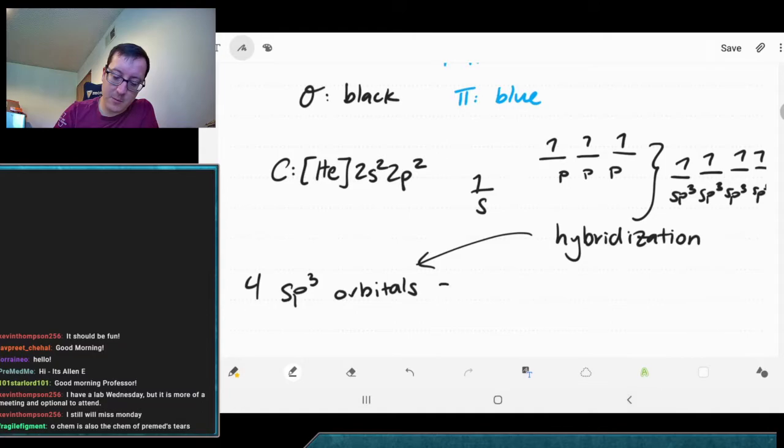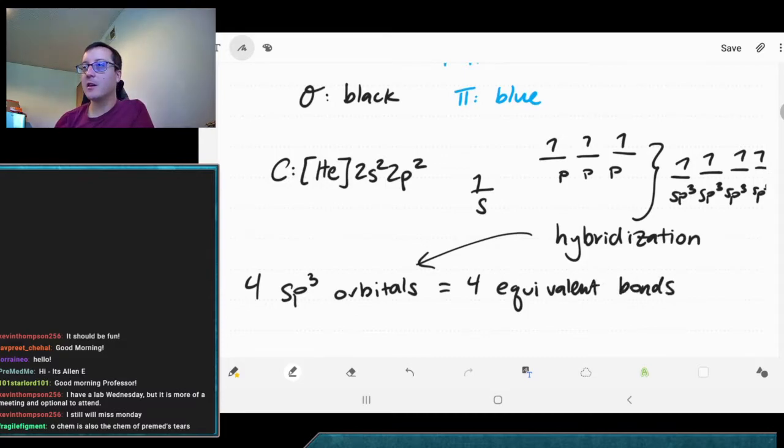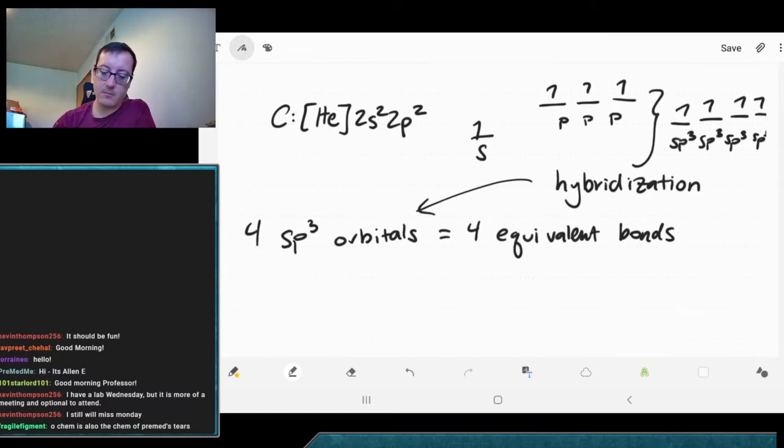We have 4 of them, and that means we can make 4 equivalent bonds to whatever we're going to be working with there. And so, remember, carbon will only ever make 4 bonds, sometimes 3, I'll concede that again, but 4 bonds by and large most of the time.